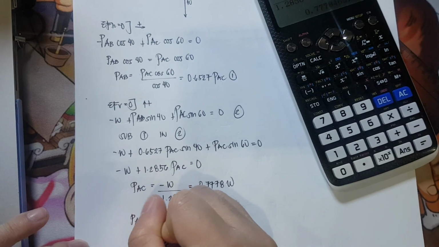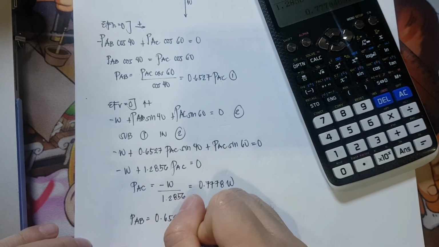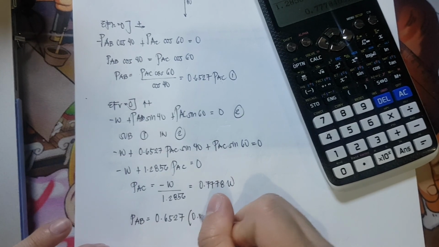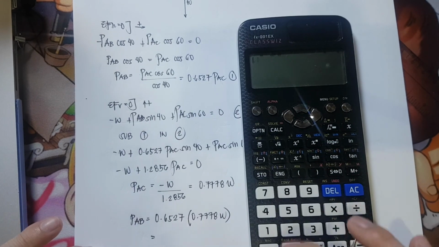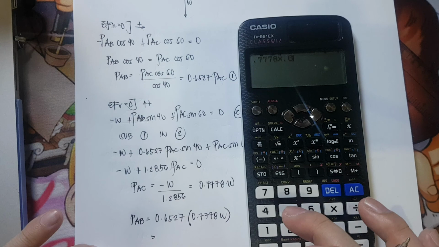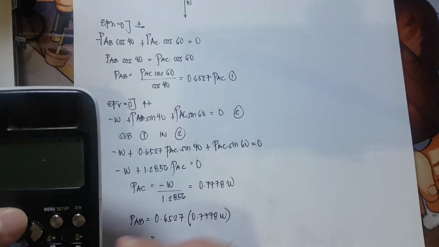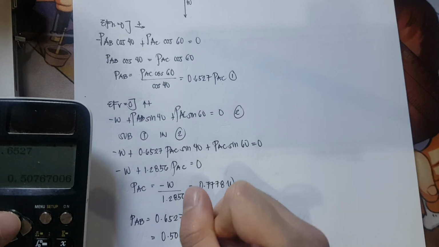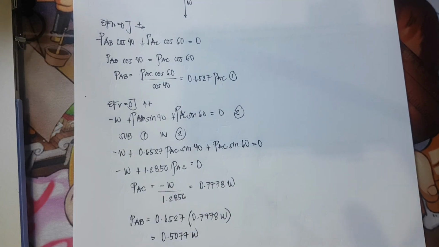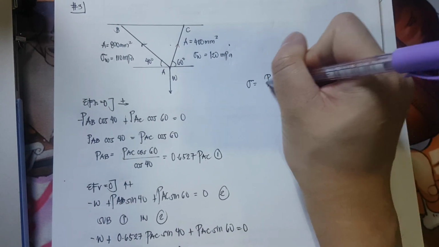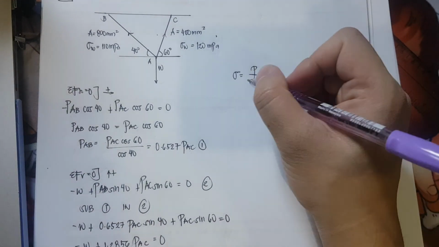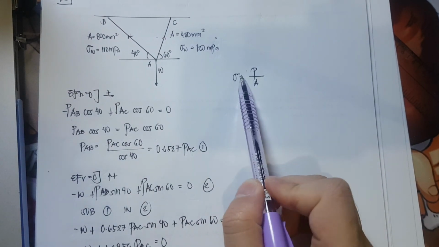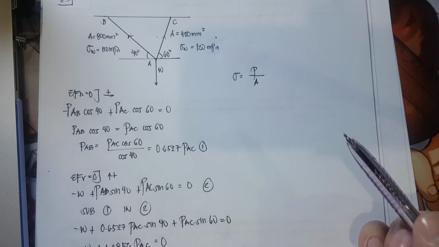Let's substitute PAC to get PAB. PAB is equivalent to 0.6527 PAC, which is 0.7778 W times 0.6527, and that is equivalent to 0.5077 W. Our working formula for stress is P over A. So, we have P in terms of W. We are given the stress, and the unknown is P. We have the cross-sectional area.